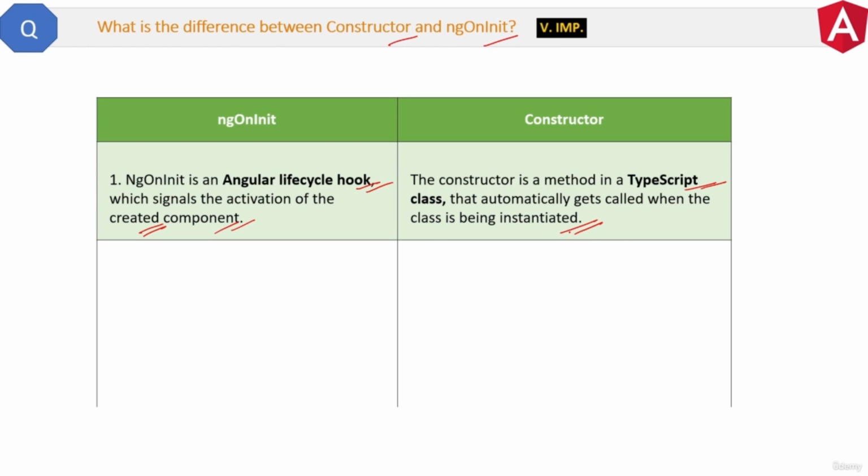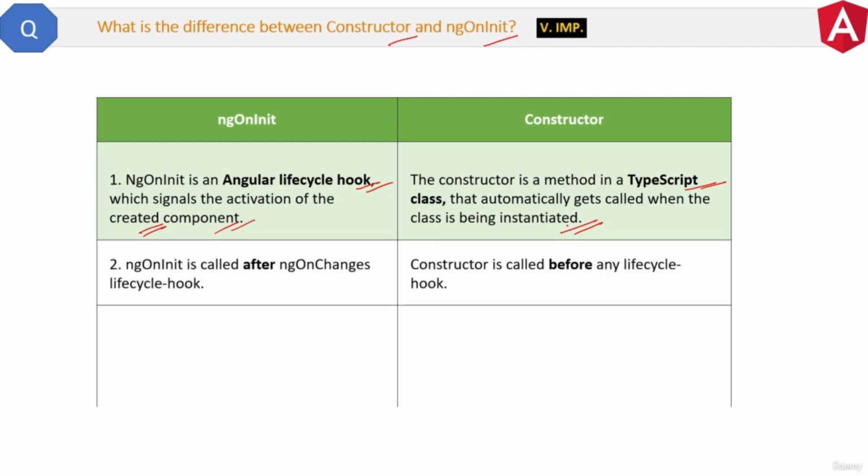Right now, Angular is using TypeScript classes, but they are two different things. The second difference is that ngOnInit is called after the ngOnChanges lifecycle hook, whereas the constructor is called before any lifecycle hook. The first lifecycle hook is ngOnChanges, but the constructor will be called even before that. So when the constructor is called, the component is not yet created or ready.